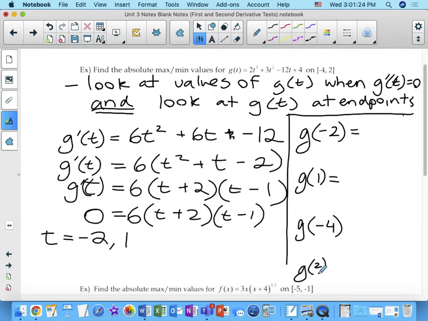And we're basically going to compare. Once we figure out the value of the function at those specific x values, we can say this one's the highest, this one's the lowest. And that's all we need to do.